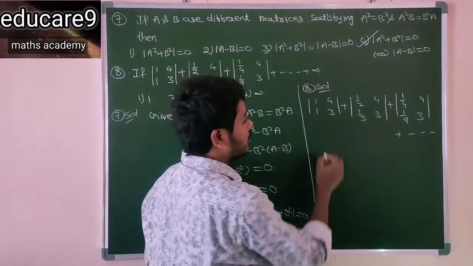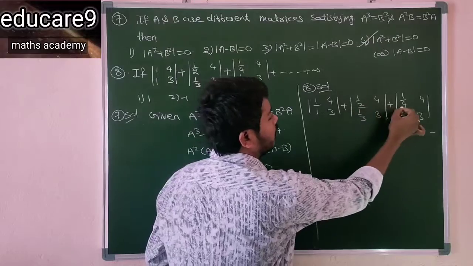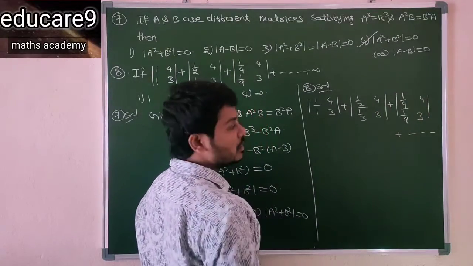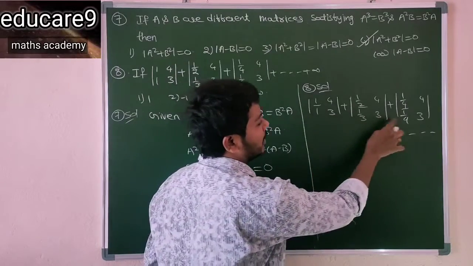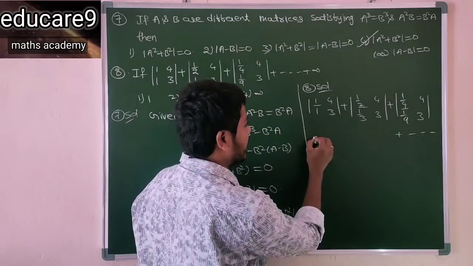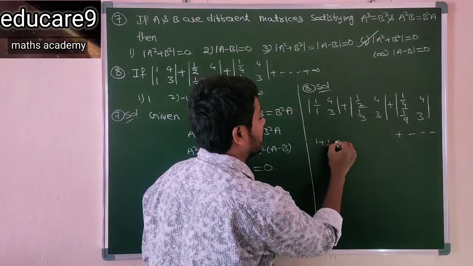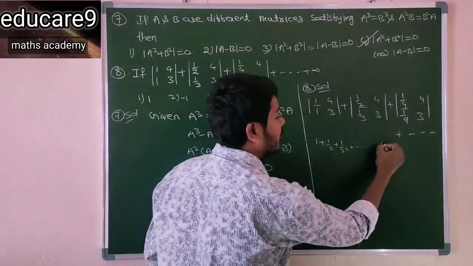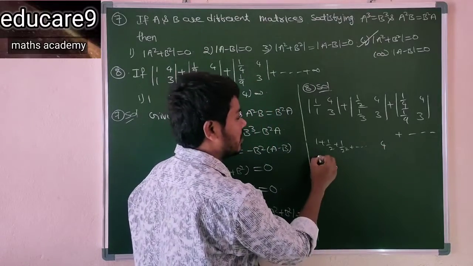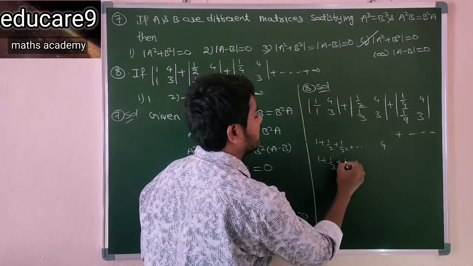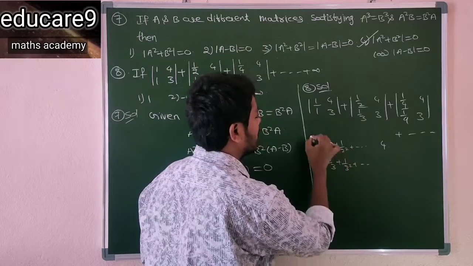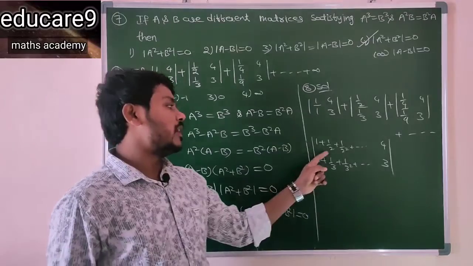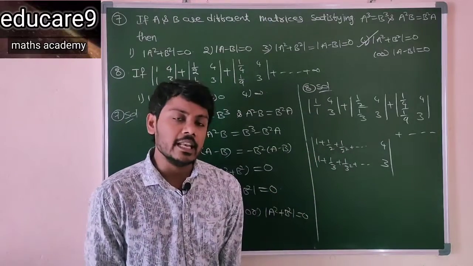See here 1, 1/2, 1/4 in the first row: the second elements are similar. Similarly the second row second elements are also similar. So this can be written as 1 plus 1/2 plus 1/2 square and so on, next 4, next 1 plus 1/3 plus 1/3 square and so on, next 3.